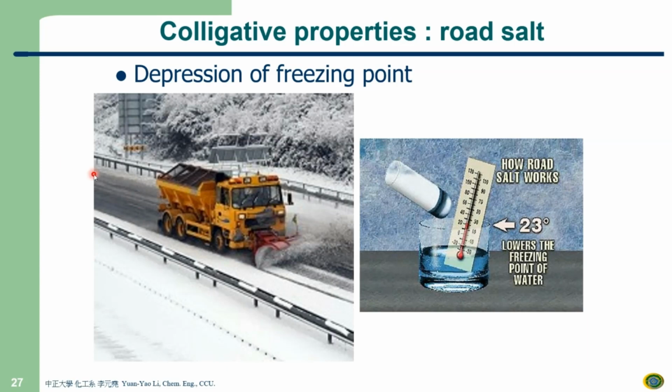You still want your traffic to go smoothly, so you put salt on the road. So the melting point will drop, and you don't see ice on the road. Of course you don't put sugar, right? Nobody puts sugar. You put salt.